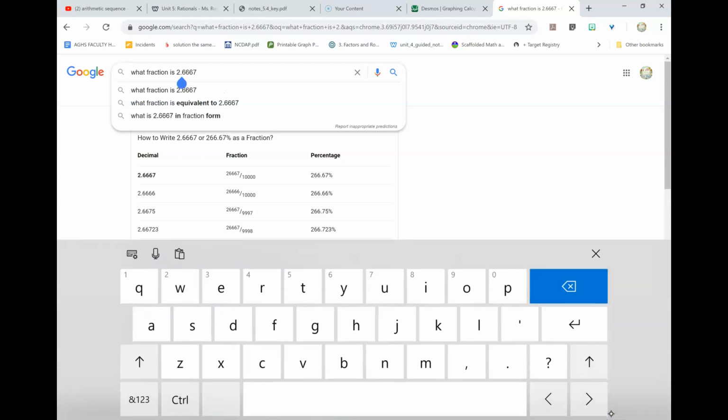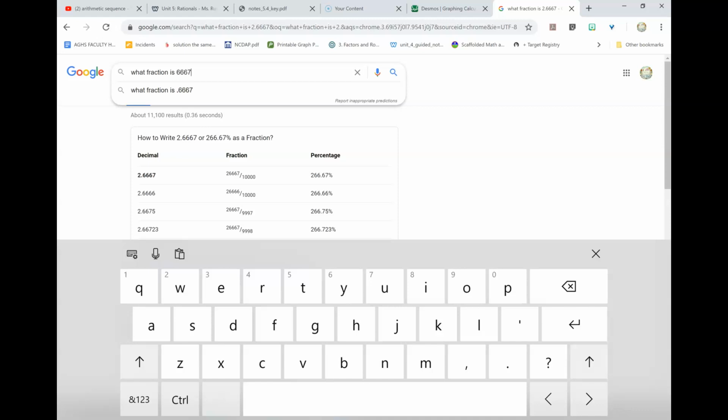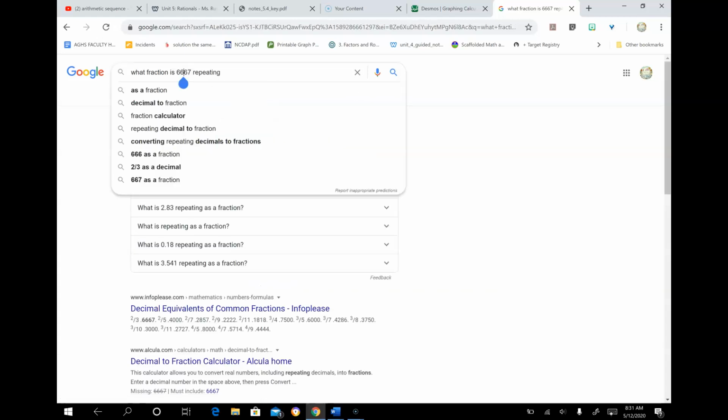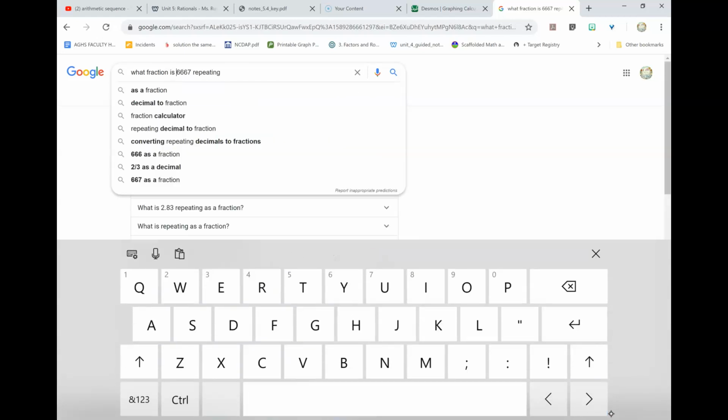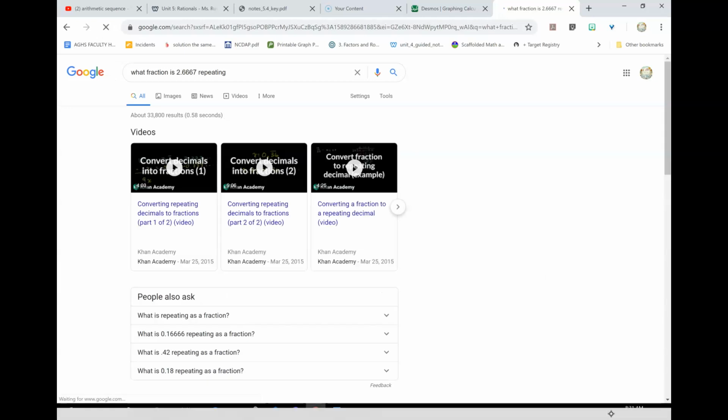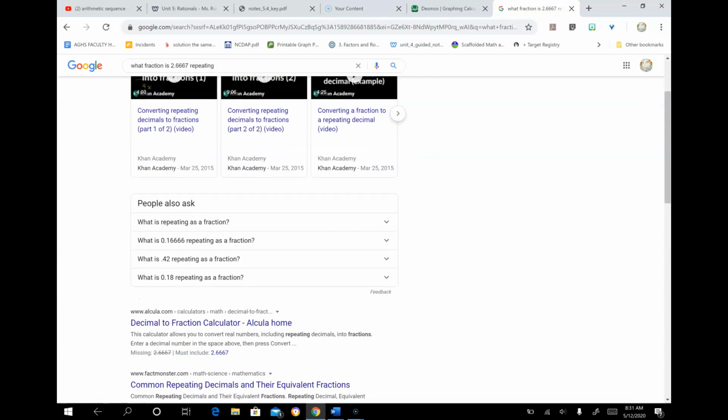It's making it complicated. Repeating, that's what it was. It didn't have repeating up there. You've got to have the word repeating. If you don't have repeating, it's not going to do it. You know it's repeating because it rounded that 6. So what fraction is 2.66666 7 repeating?